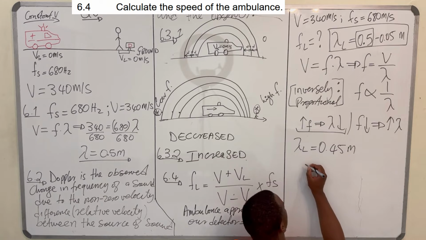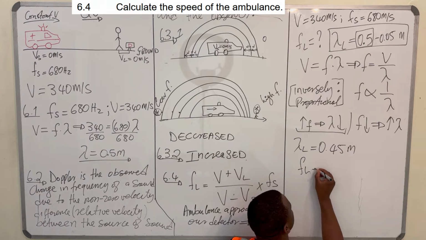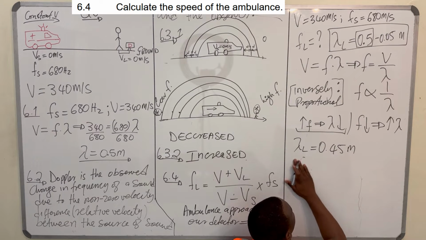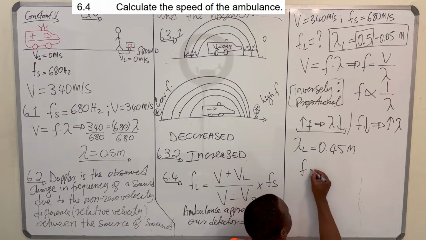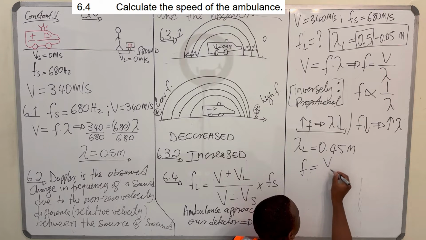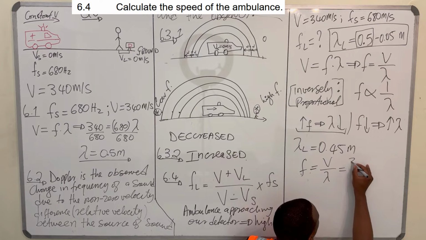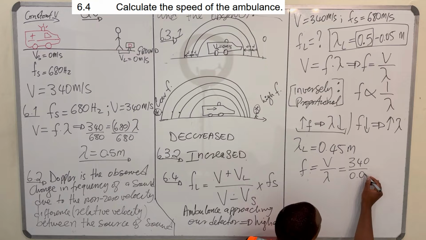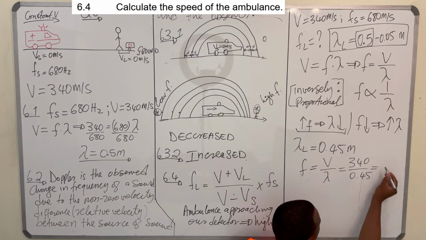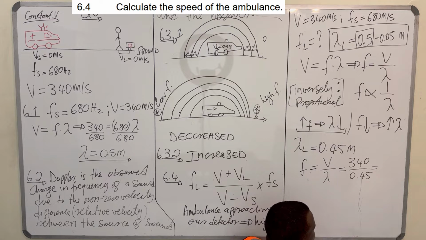It's okay. The frequency of a listener is equal to the speed of sound divided by the wavelength, which is equal to 340 divided by 0.45. So the answer to this will give us the frequency of a listener.